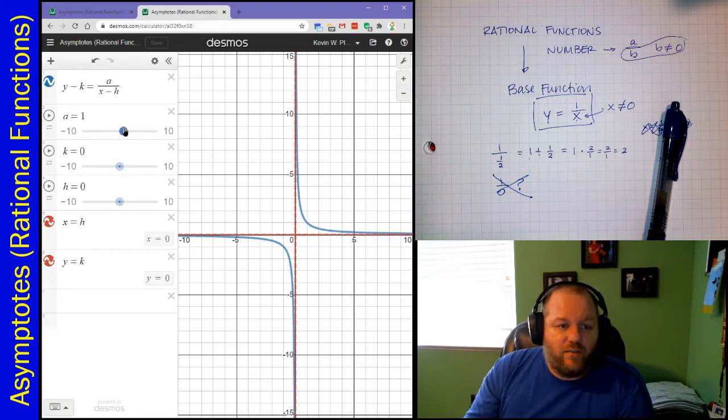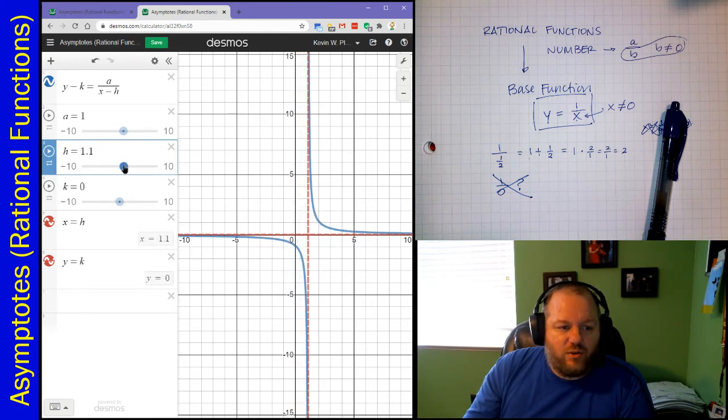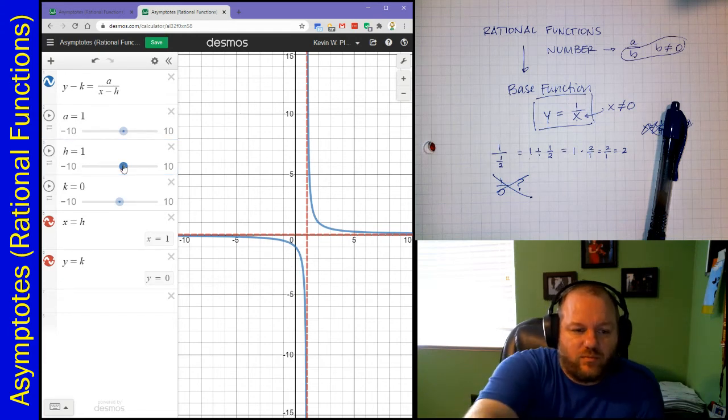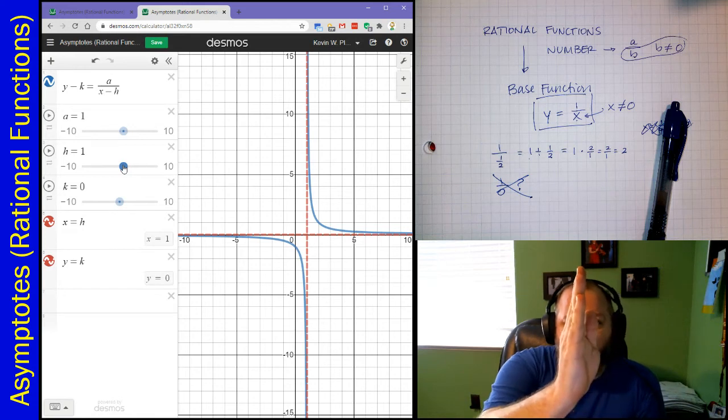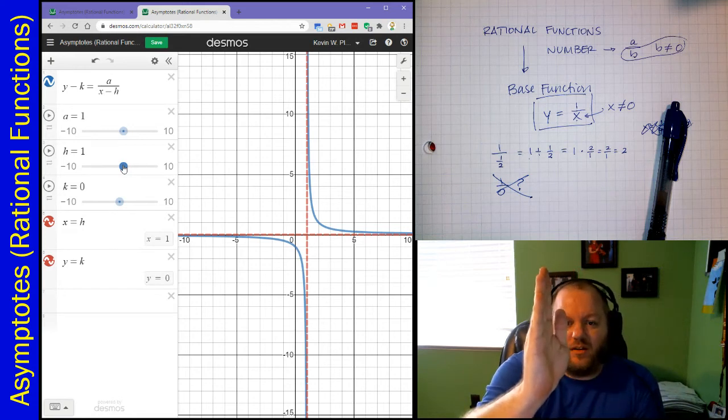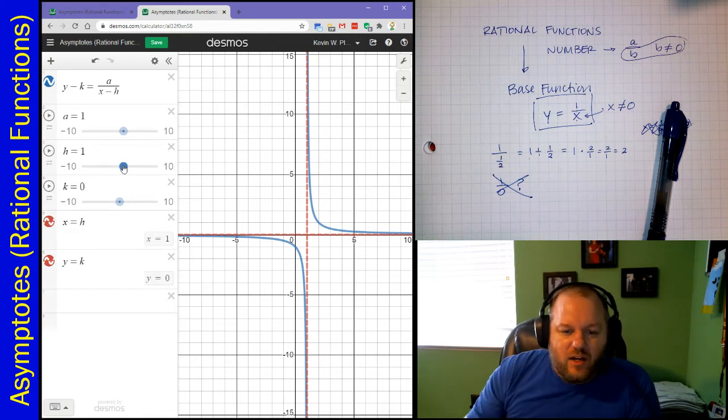So now that a value can be whatever you want. If I move this h value horizontally, notice I'm going to make this h value to be 1. The value of that asymptote moves to the right to x equals h.